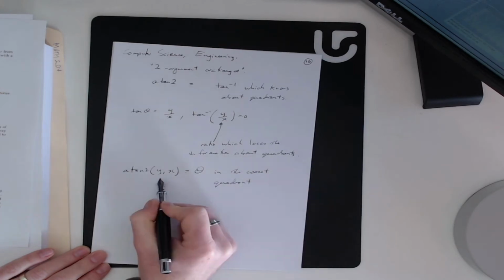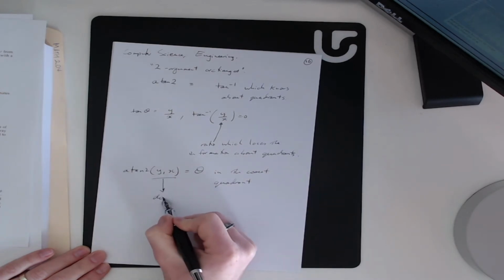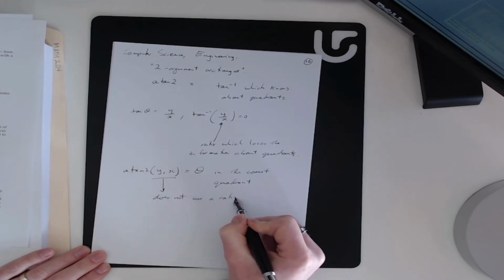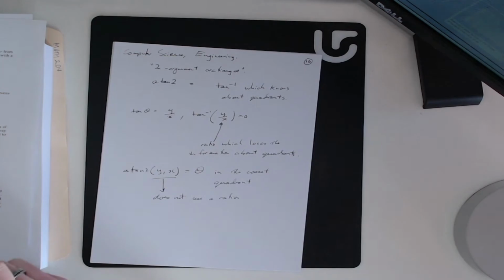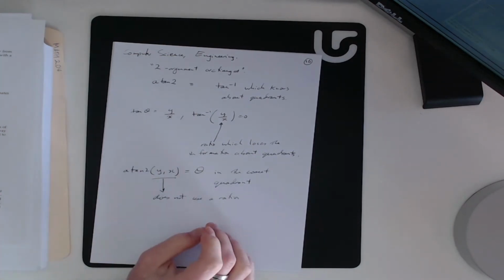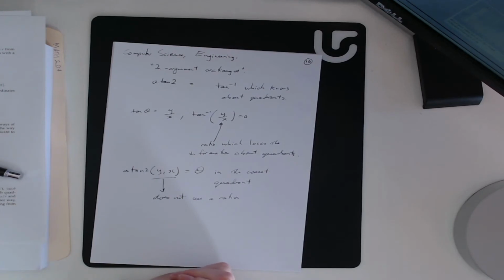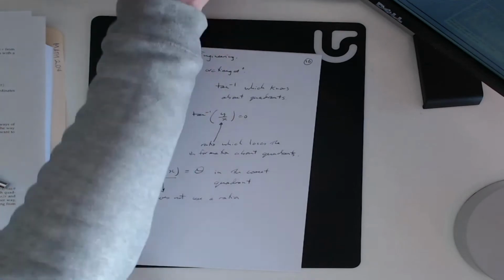And it can do that because it does not use a ratio. The actual formula is kind of complicated and probably not very interesting or terribly important by itself, mainly because it's used in programming languages. But anyway, that's something to be aware of, I think.